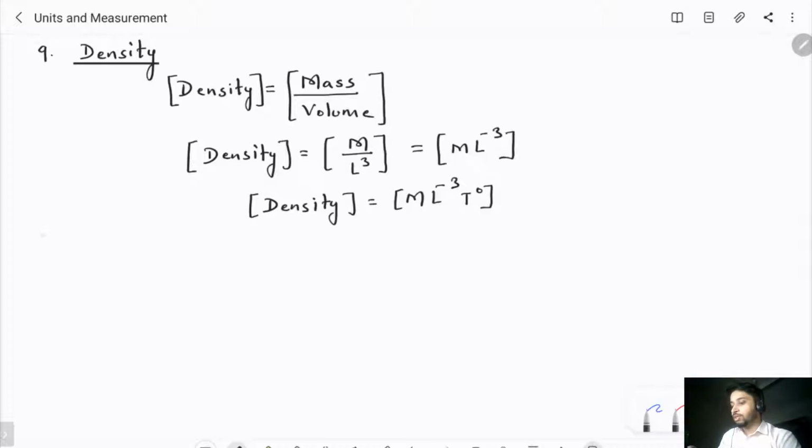Next physical quantity, let us see pressure. Pressure formula is force per unit area, or force by area.